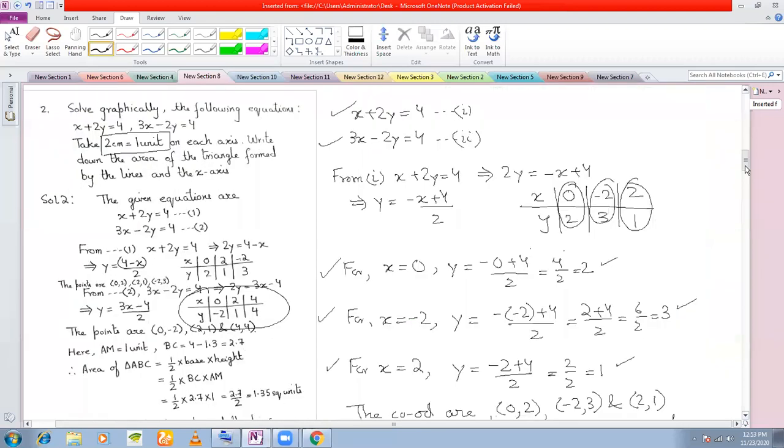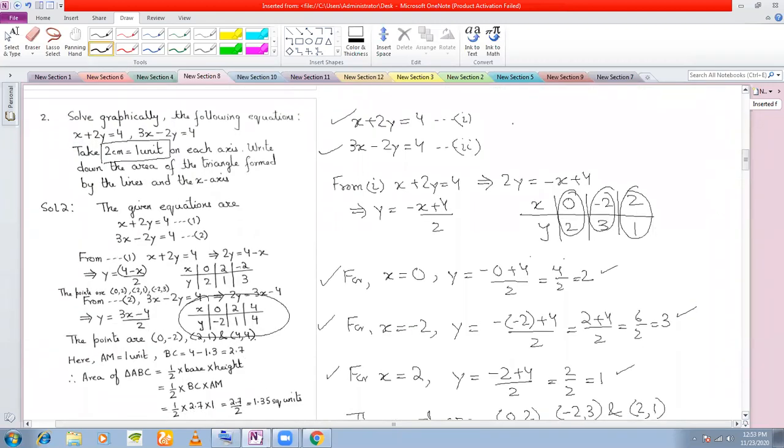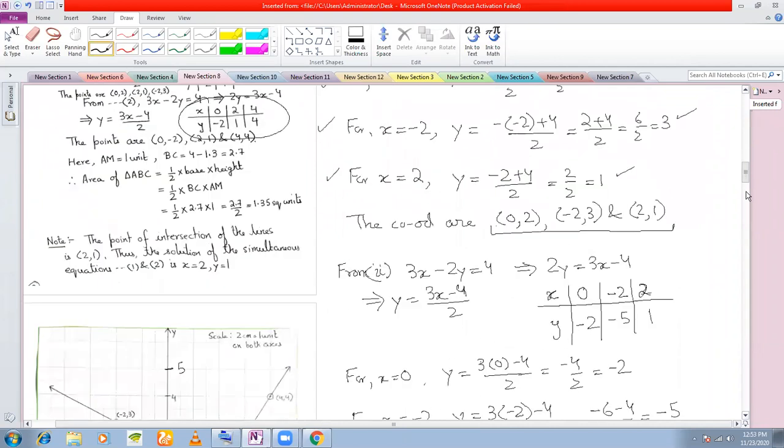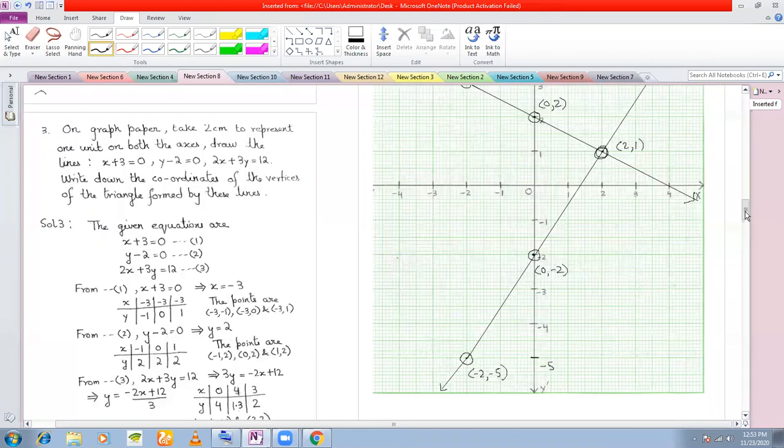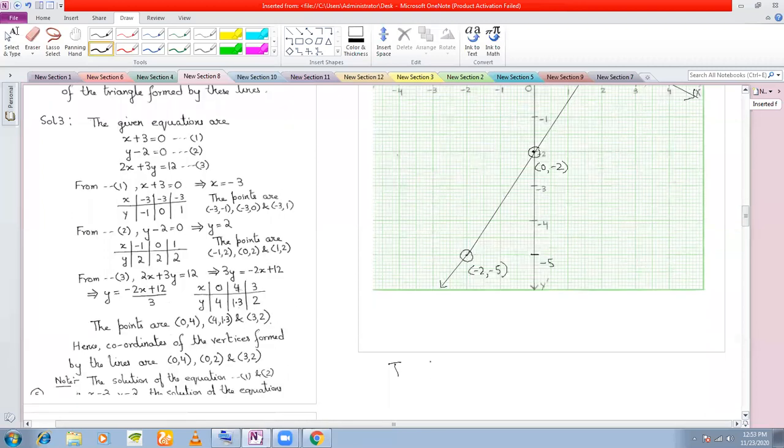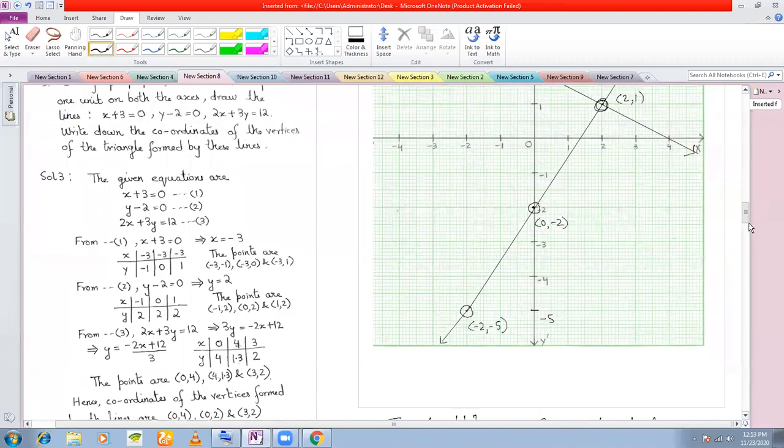Now let's see the questions. Solve graphically. So first solution, these two lines intersect at which point? 2, 1, right? So you'll write the straight lines 1 and 2 intersect at what point? 2, 1.